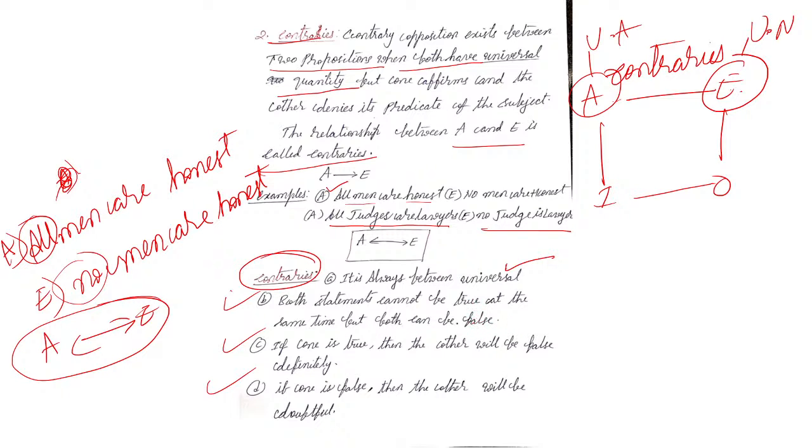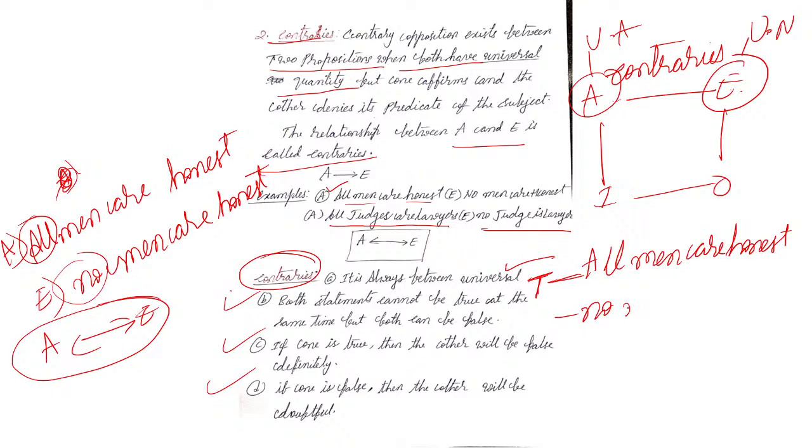Okay friends, suppose I say all men are honest is true. Is it possible that no men are honest is true? We are saying all Indians are honest. Is there any possibility that no Indians are honest? That is false, right? If it is true, the E statement will surely be false.